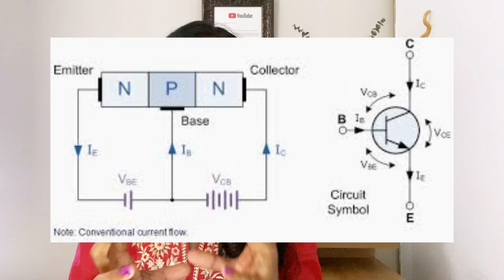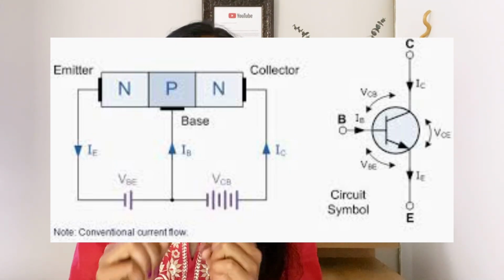The next question is, what happens to most of the majority carriers from the emitter? Do they recombine at the base? No, the recombination doesn't happen much on the base side, because the base is always lightly doped, so recombination at the base is very less. The second option is recombining at the emitter itself. No, they start from the emitter and come to the base side, but recombination at the base is very less because the base is very lightly doped.